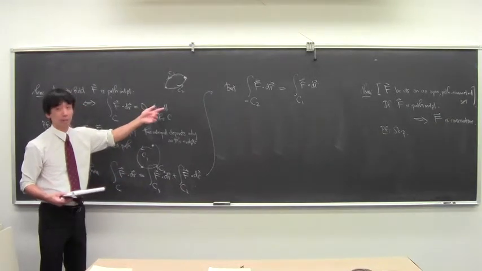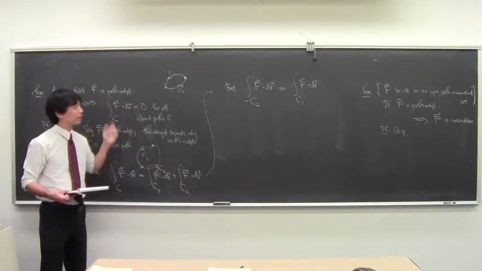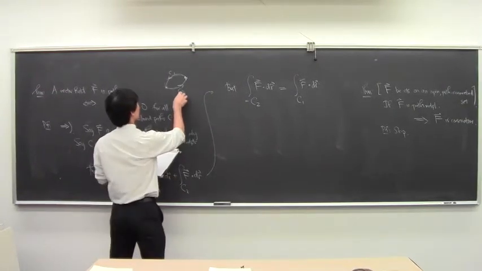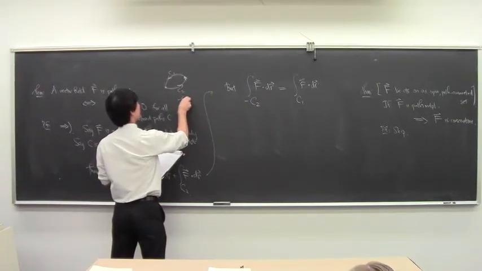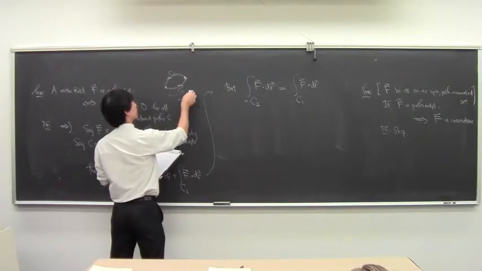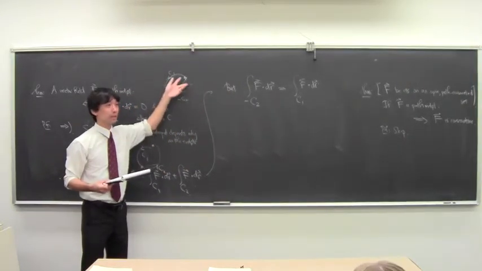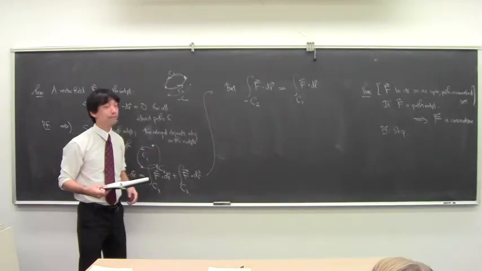They share endpoints, they're just going in different directions. Negative C2 is going this way. So they are paths with the same terminal point and the same initial point, once you reverse it.